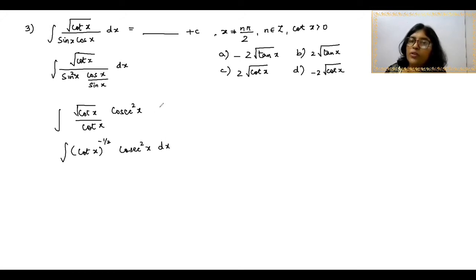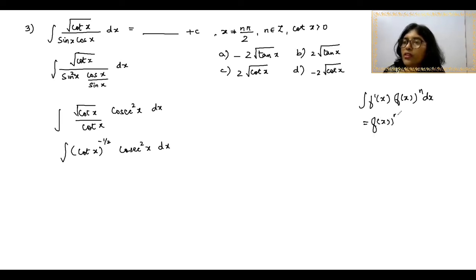So like the previous question, we have here again f dash x into f(x) raised to n dx, which is f(x) raised to n plus 1 upon n plus 1. In the previous sum, we used the same formula, but there we had written minus 1 because we had minus 1 there. This is the general formula. So what is our n here now?